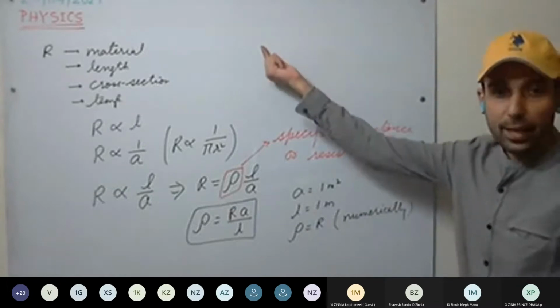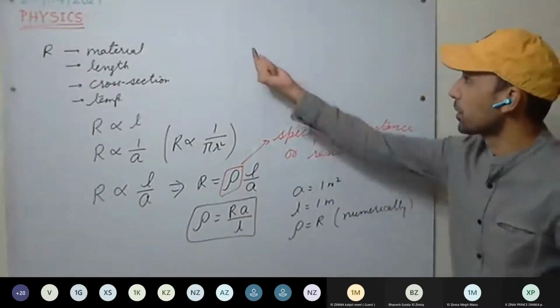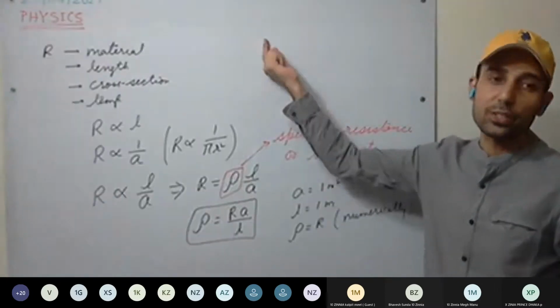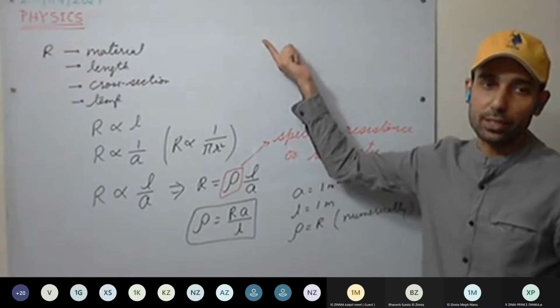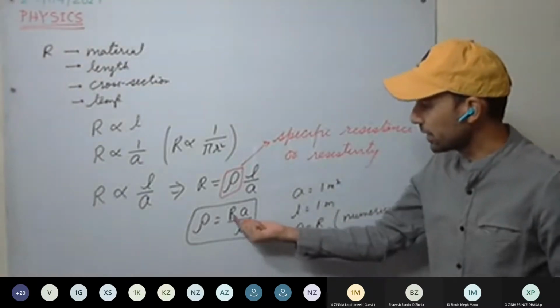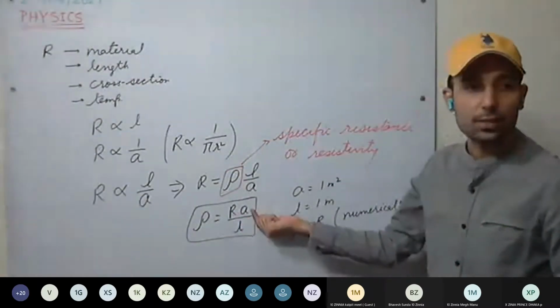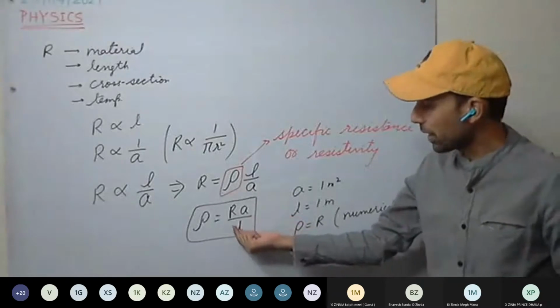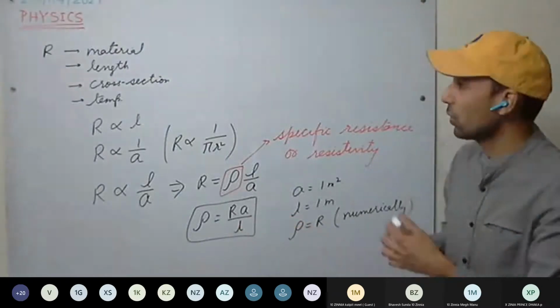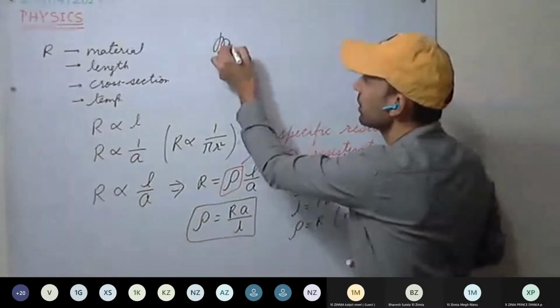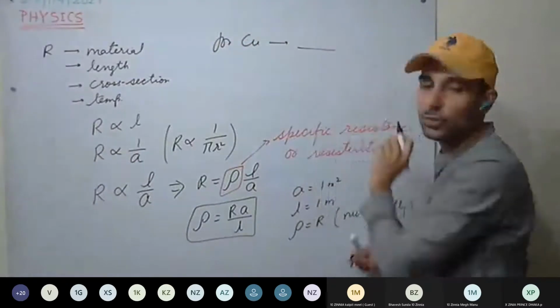For each material, the specific resistance is constant because we are taking resistance per unit area of cross section and per unit length. So for example, for copper, specific resistance is fixed.